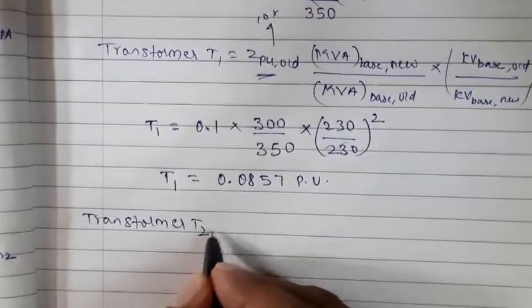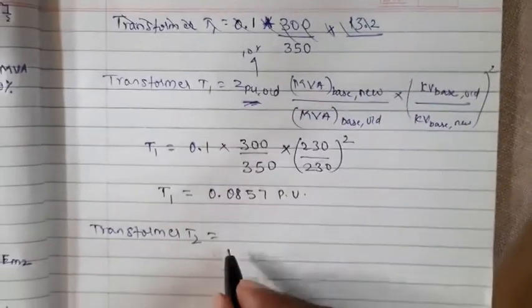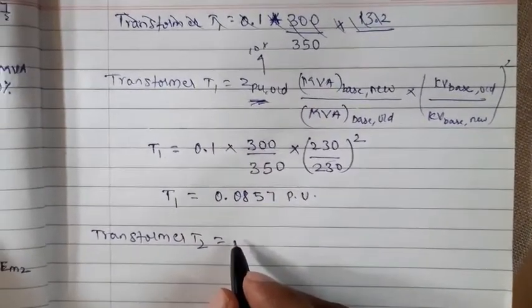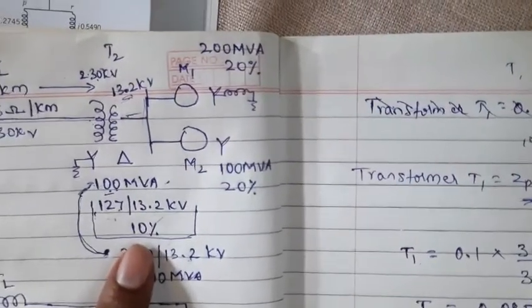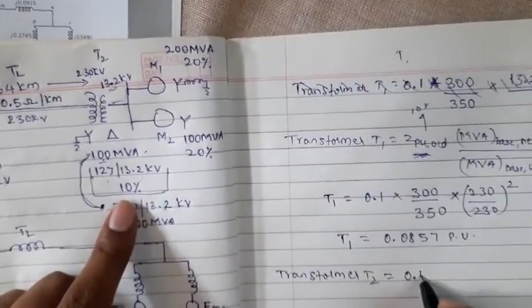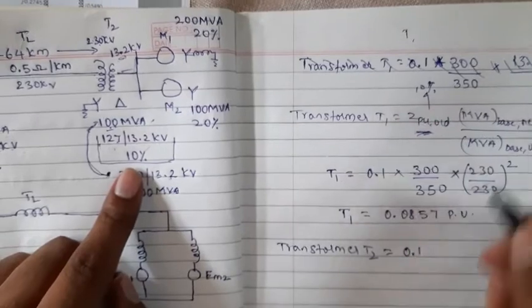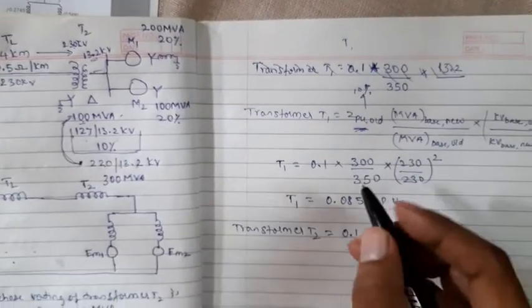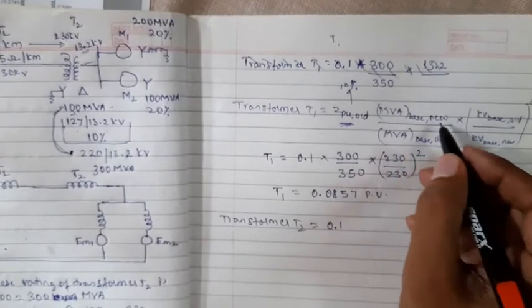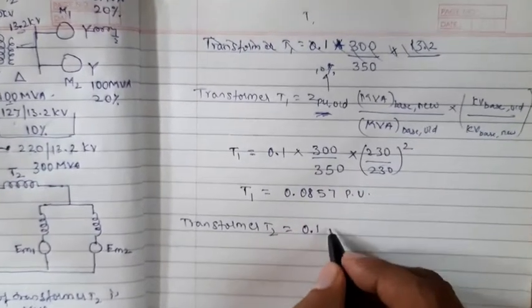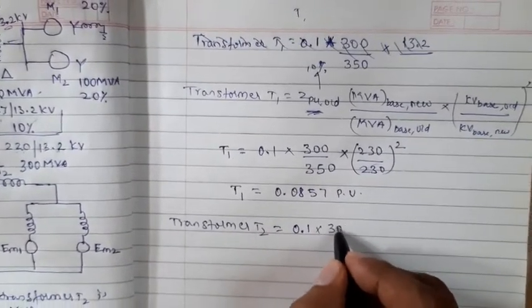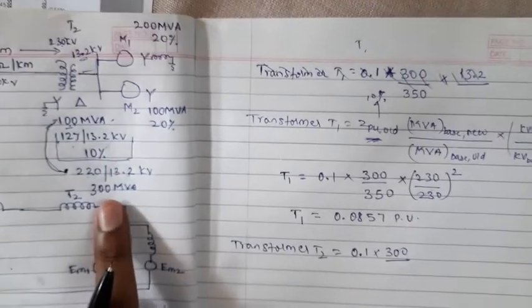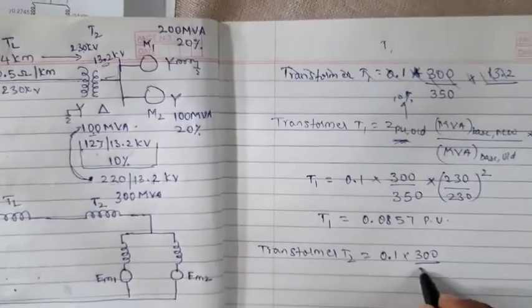Now for transformer 2, same formula. What is the old value? They have given 10%, that is 0.1. The same value we have here. What is the MVA base new? They have given a base new of 300, so we have 300 only.